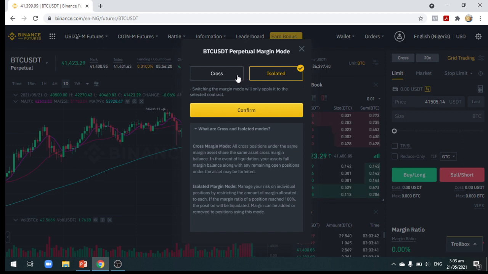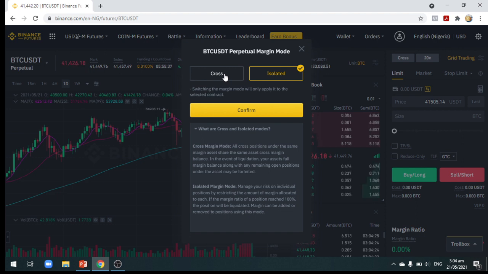So if you want to trade futures, one of the first things you want to decide is whether to use cross margin or isolated margin. Which one you use depends on what you decide concerning your trade. If you have a lot of open positions, you may want to use isolated margin to make sure that what happens in one position does not affect the others.